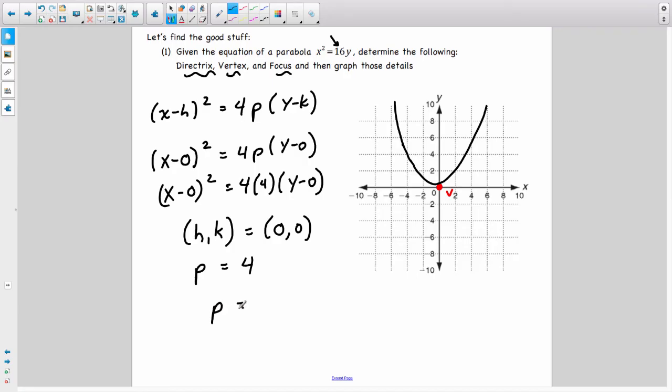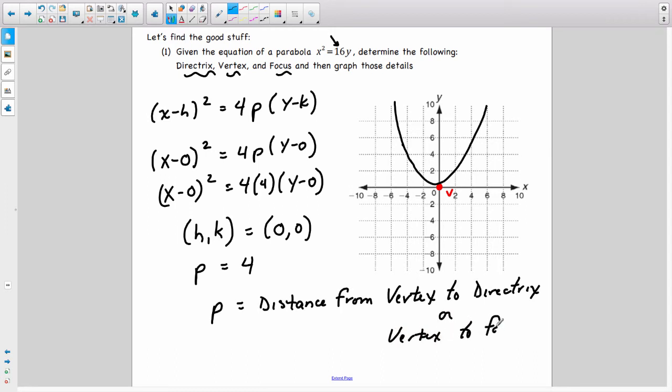Because recall this, that p is the distance from the vertex to directrix or vertex to focus. Right? So if I count up 4 this way, that's my focus. If I count 4 this way, there's my directrix.